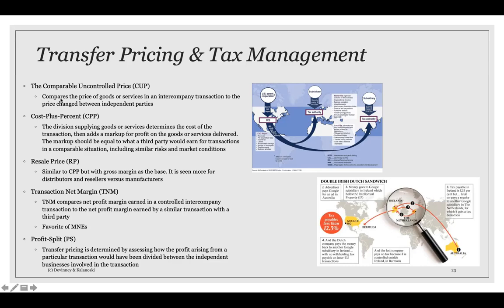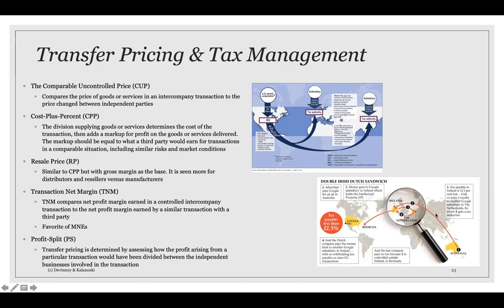divisions of a multinational. So in the case of Google, in the case of Apple, these are all internal transactions, which means that they have a lot more control of this. If these were non-internal transactions, so if they were simply selling through a third party, then it'd be a lot easier.